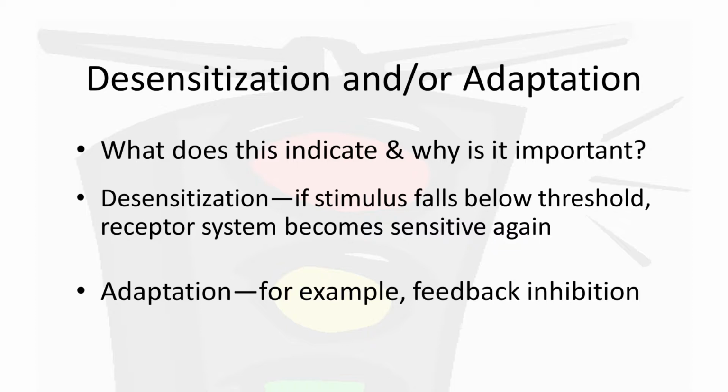So it's not just always on. Whereas adaptation is just a way that it can be modified later. And one example of that is feedback inhibition, where a product or a metabolite further down the process comes back and will down-regulate the receptor, or could possibly even turn it off.